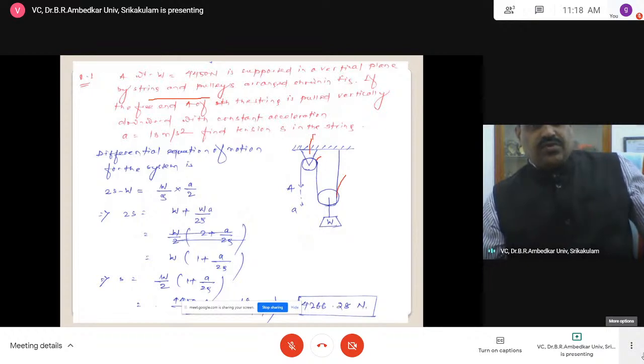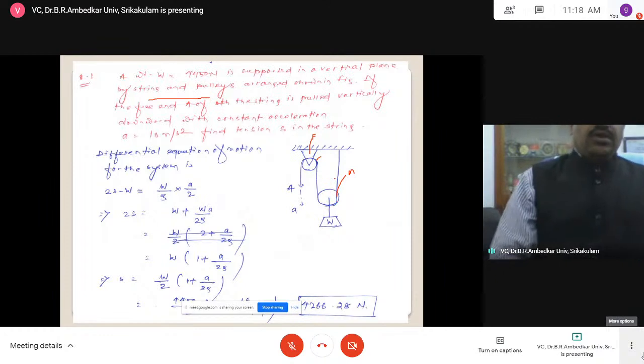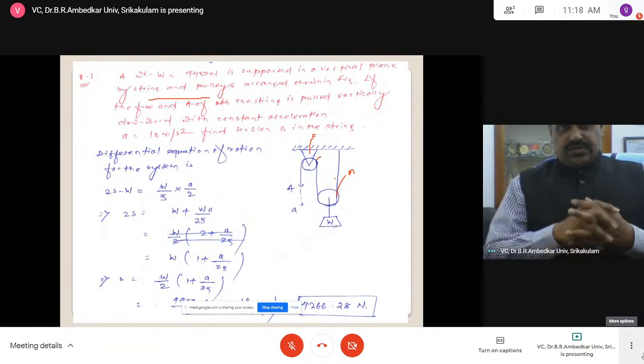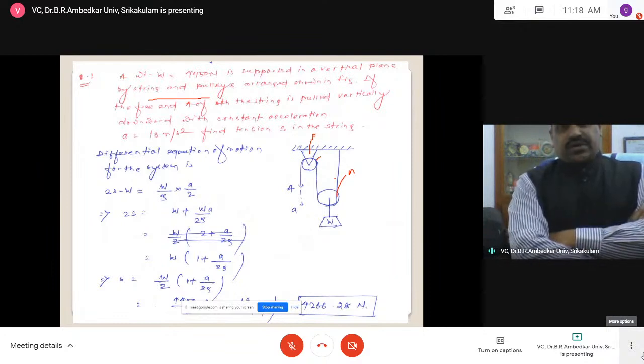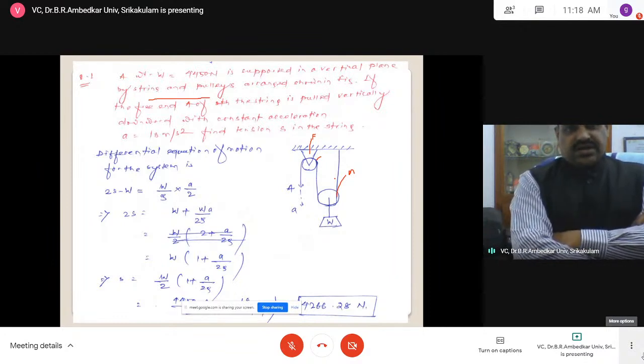This is the fixed pulley and this is the moving pulley. Pulleys arranged as shown in the figure. A weight W of 4450 newtons is supported in a vertical plane by string and pulleys arranged as shown in the figure.